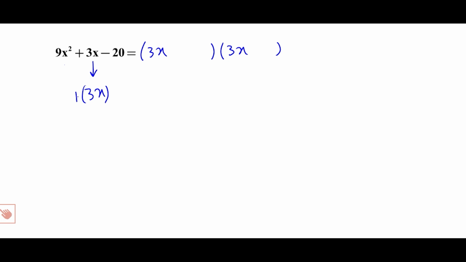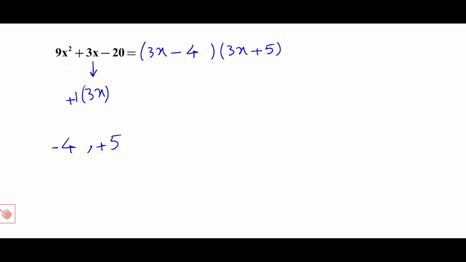Then we look for two numbers whose product is minus 20 and whose sum is plus 1. 4 and 5 have these properties, but one of them must be negative and the other positive, because their product has to be negative. And since their sum must be positive 1, the larger number has to be positive and the smaller one must be negative. So we have (3x minus 4) times (3x plus 5).